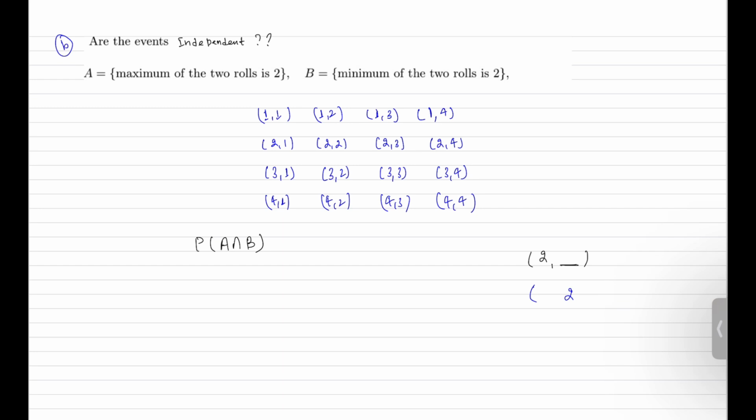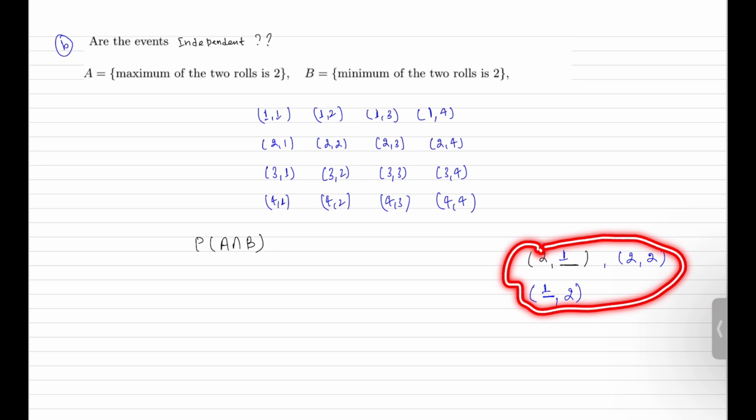Or if we consider the second roll as 2, then here we cannot have a value greater than 2. That means we are left with 1, or maybe 2 and 2, right? Similarly, here we are left with 1 or 2 or 2. So 2 and 2 we have already considered. That means these are the elements that are favoring the event A.